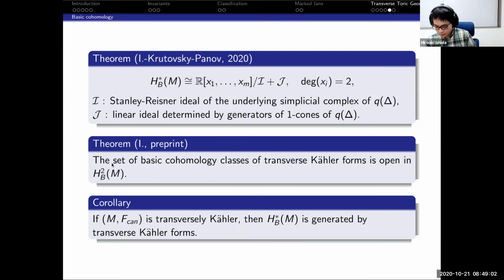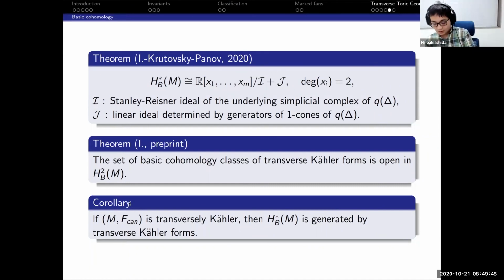So using this and the basic Hodge decomposition, as a corollary of these theorems, we can see that if this foliation is transversely scalar, then the basic cohomology algebra of my manifold is generated by the transverse scalar form.